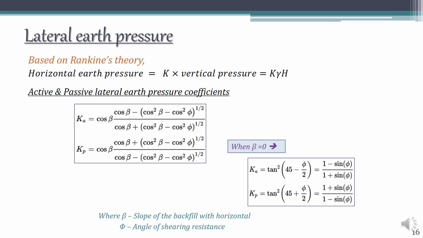Rankine defined the value of K based on the angle of shearing resistance. The active lateral earth pressure coefficient Ka is (1 minus sin phi) by (1 plus sin phi), and the passive earth pressure coefficient Kp is (1 plus sin phi) by (1 minus sin phi). Now this equation is valid only when we have a horizontal backfill. When we have an inclined backfill having an angle of beta, we have to make use of a different formula for Ka and Kp.